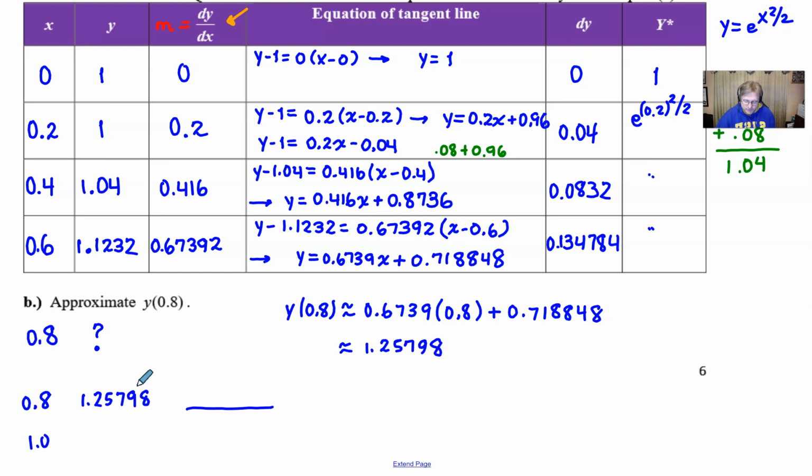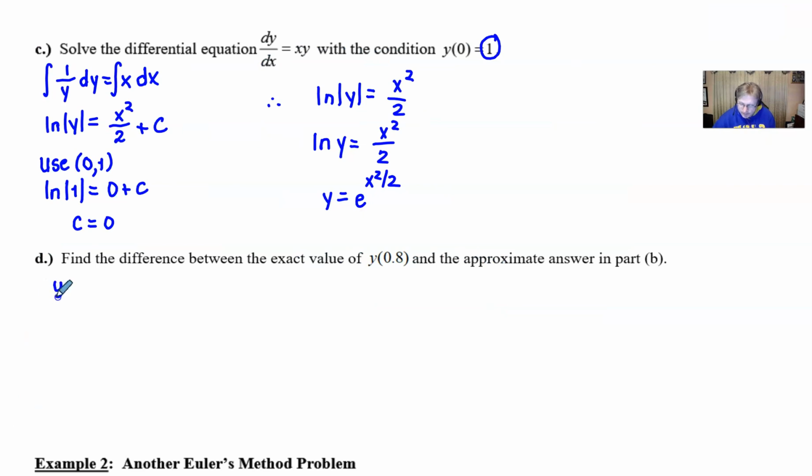So we'll write that. y of 0.8 is approximately 1.25798.